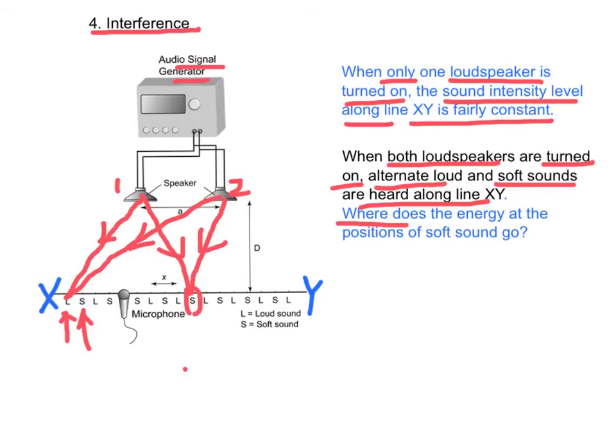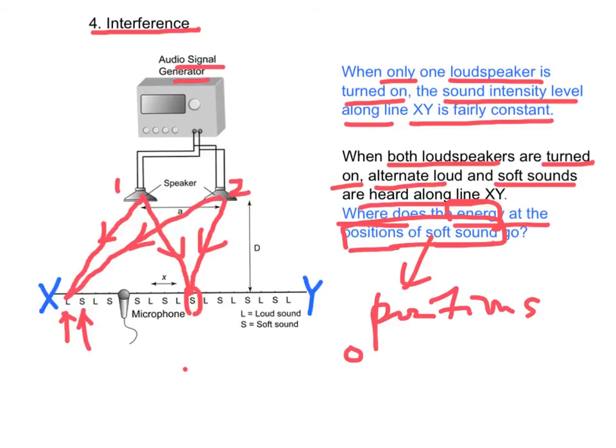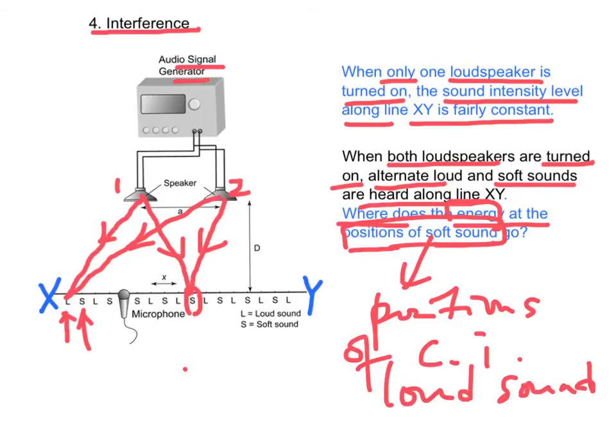Where does the energy at the position of soft sound go? In fact, the energy at the positions of soft sounds goes to the positions of constructive interference, that is, to the positions of loud sound. Therefore, the law of conservation of energy is still true.